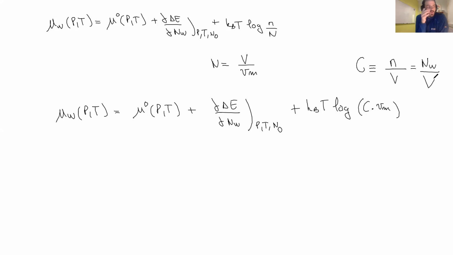All right, so we assume that the excess energy here is a quantity that is extensive in the number of water molecules. If I double the number of water molecules, I'm doubling the excess energy. This is not related to the interaction between water and water, but between water and oil.